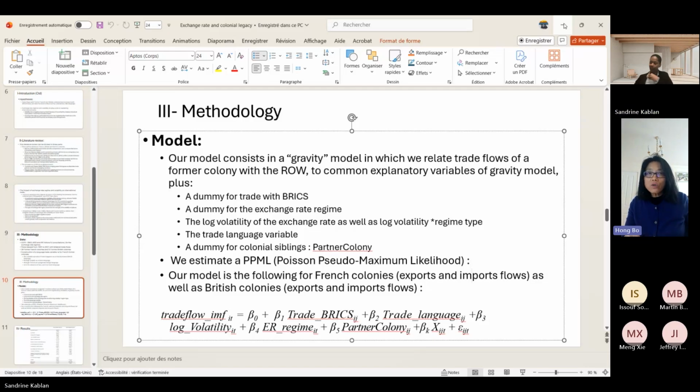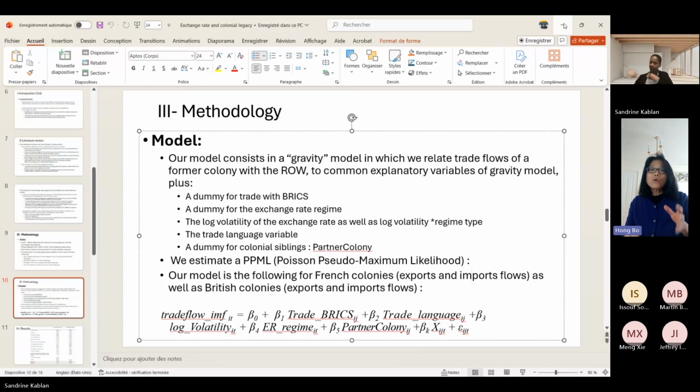I was thinking, if you take the colonial aspect out of your paper, does your story still hold? Because we are still talking about the exchange rate volatility and exchange rate itself and their impacts on trade. So I was wondering, why do you need this colonial regime? Because the problem is still here. So I do not see that aspect.